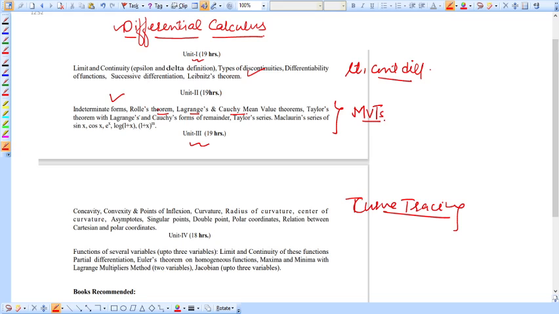Other topics will be concavity, convexity, points of inflection, curvature, radius of curvature and center of curvature, asymptotes, singular points, double points, polar coordinates, and the relation between Cartesian and polar coordinates.